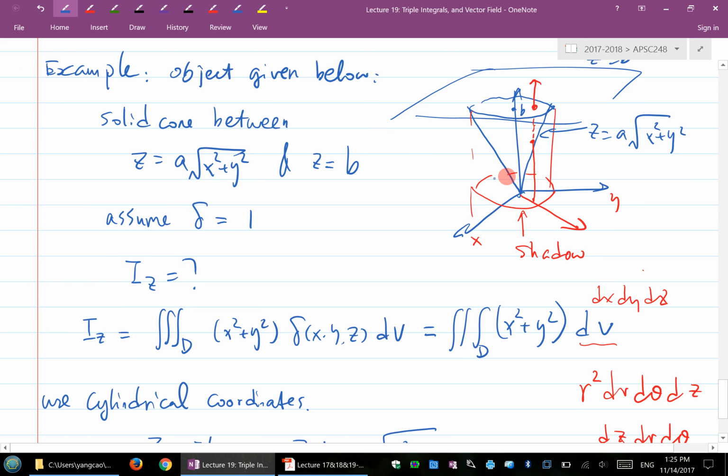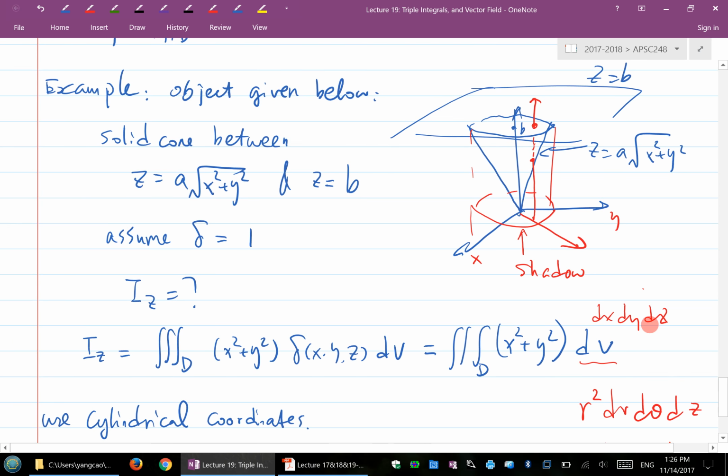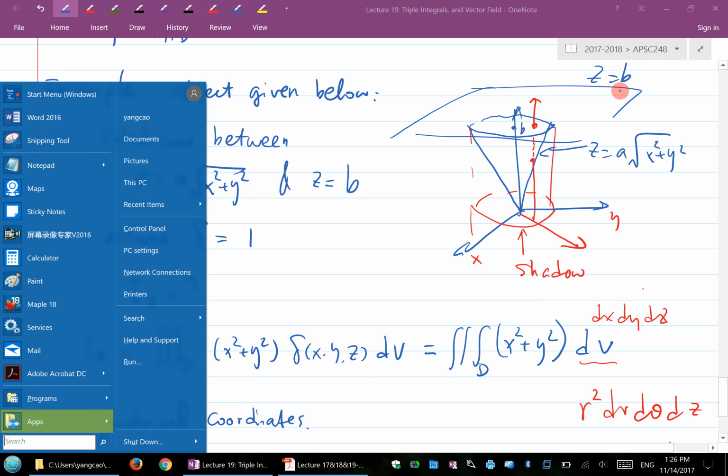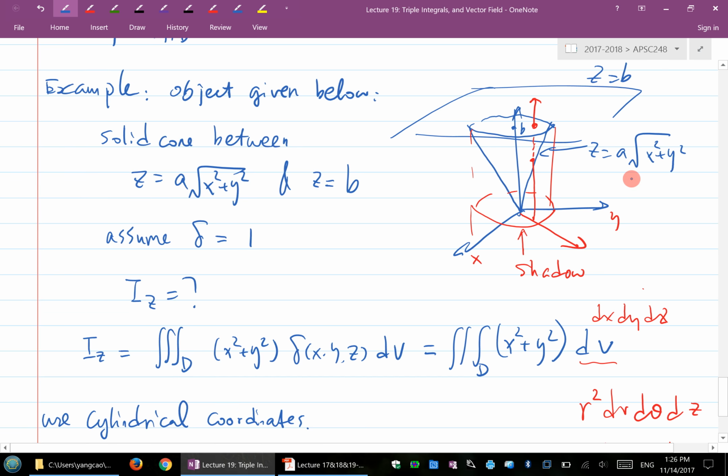Then you have to find the equation for the circle, right? And where is this circle from? It's from the projection of the top circle, right? And the top circle comes from the intersection between the top plane and the cone surface. The top plane is z equal to b, and the cone surface is this one here.